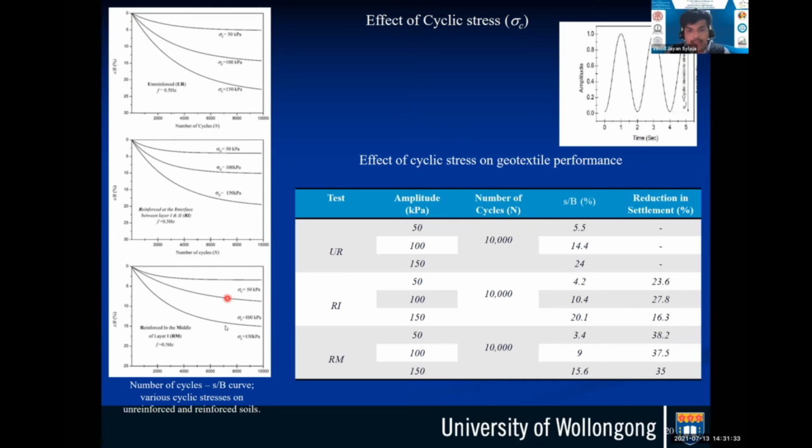If you look at the table carefully, you can see the reinforcement at the middle has shown a very high performance compared to the reinforcement at the interface. So this is a slightly different behavior compared to the monotonic loading.